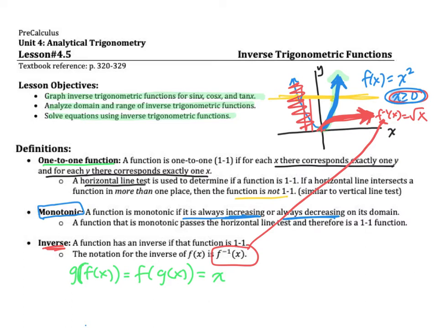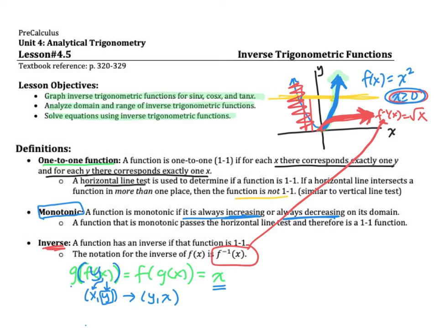Why is that? If you plug in an x value for f of x, you end up with the y value. When you take g of that y value and get back the x value, that means they are inverses, because inverses just switch your x and y coordinates, or they are reflections over the y equals x line.